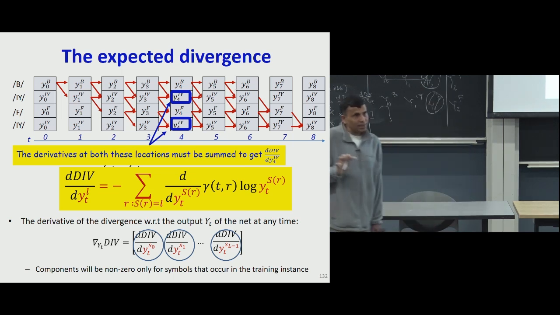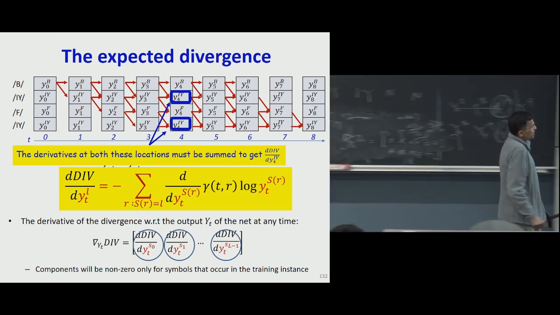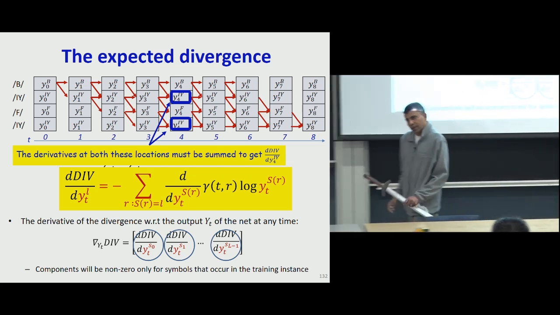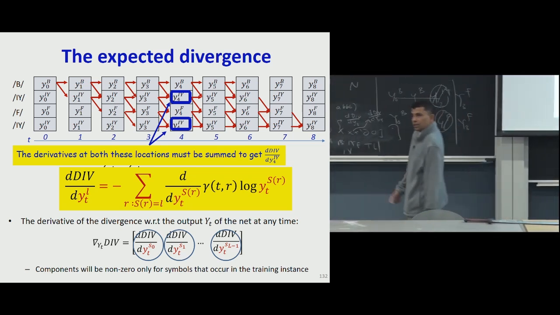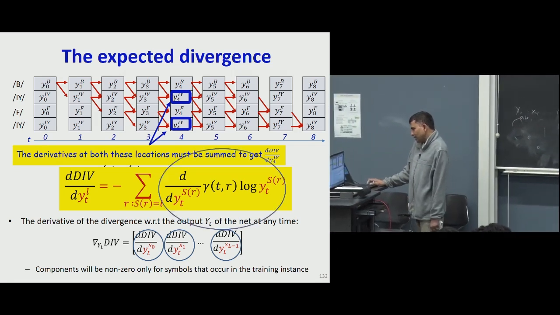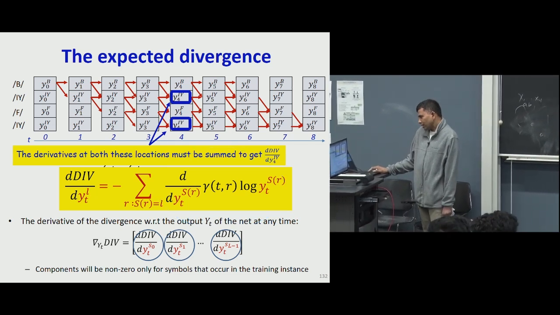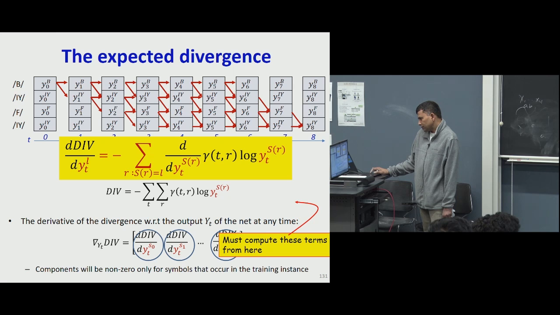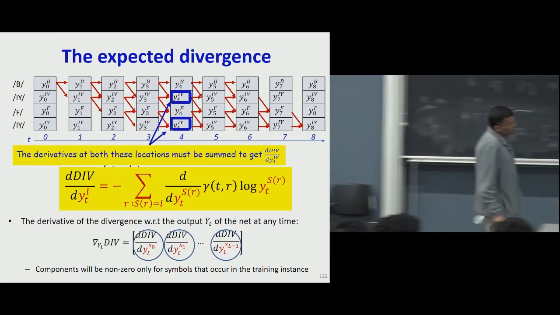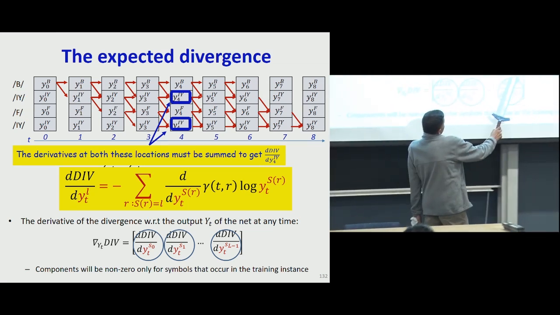So at this point, we have reduced the problem to that of computing this particular derivative. How do I compute the derivative of the divergence with respect to a simple probability, right? That's simply going to be this. This is what you really want to compute. The divergence, of course, was the weighted sum of these terms.